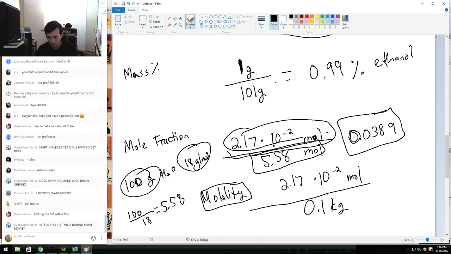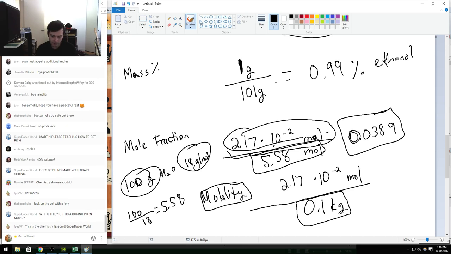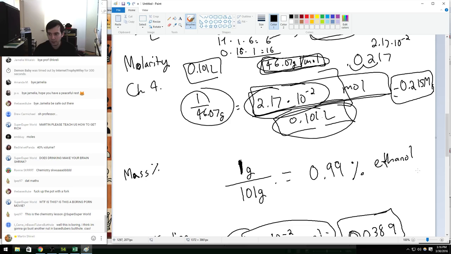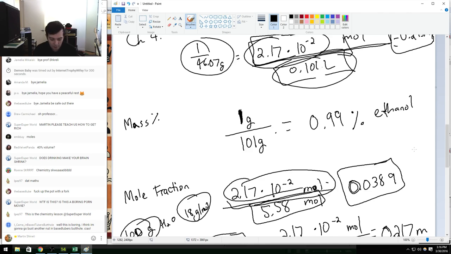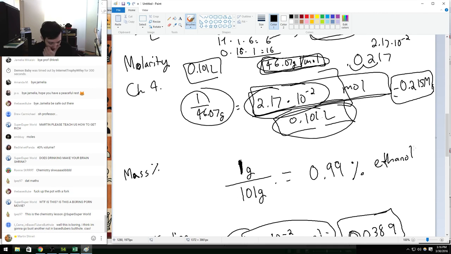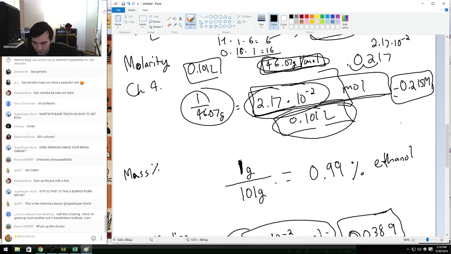So instead of 101 grams, it is actually 100 grams of H2O, which is 0.1 kilograms. So if we add this up, we get 0.217 little m, which is molality. And notice the molarity is big M, and that's 0.215 molarity.